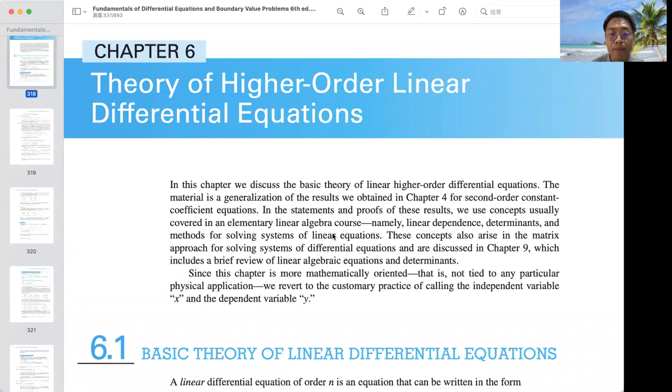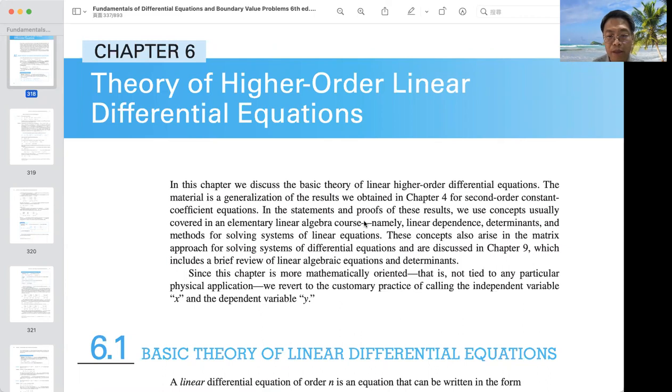So today we are going to talk about chapter number 6, higher order ODEs. Let me turn on my PDF of the textbook. As I already posted on the website, you can watch the PDF of our textbook.